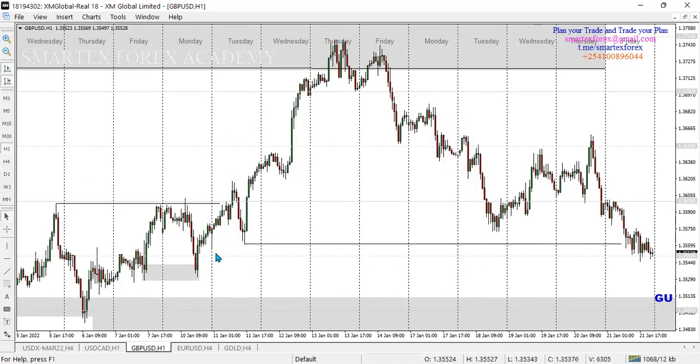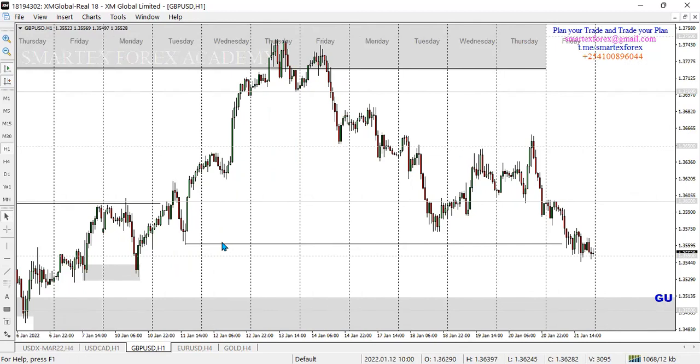Then this one was mitigated by this, and this one mitigated this one. Okay, that's good. Now, after this up move that broke the structure here, you can see there is this zone.